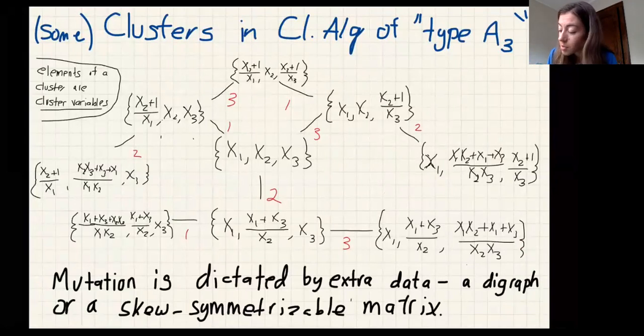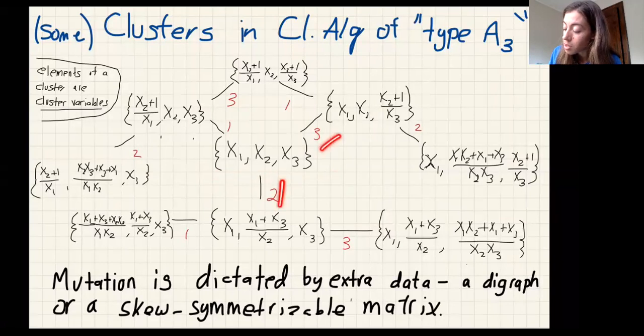Each cluster is the same size, and I've embedded this onto a 3 regular graph. At each cluster, I can mutate, and of course I didn't draw all of it. I can always mutate in one of 3 directions. When I mutate, I take just one cluster variable and I replace it with something else.